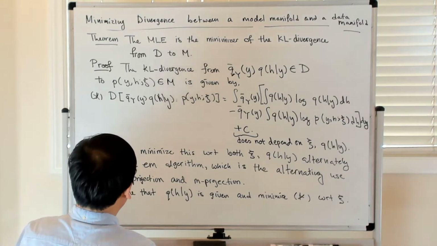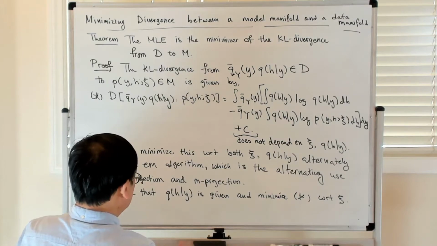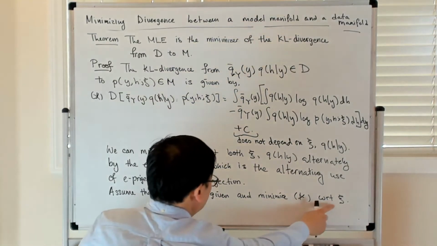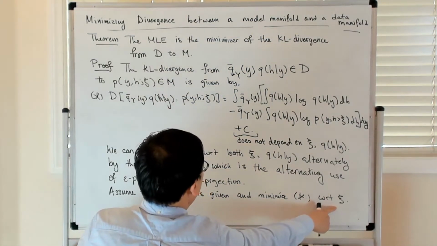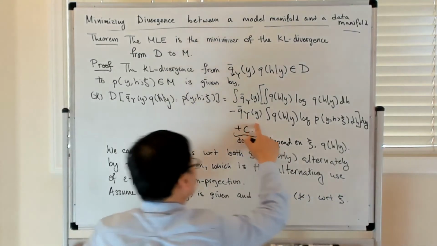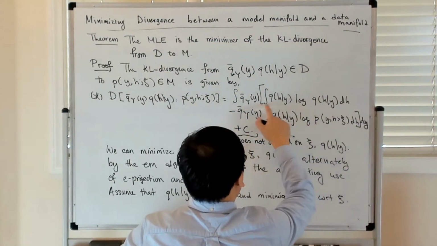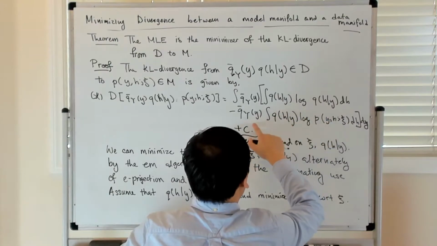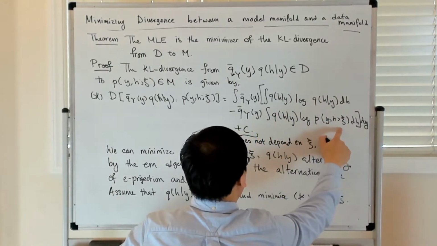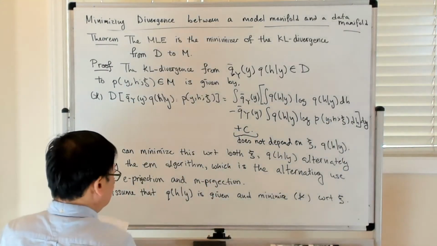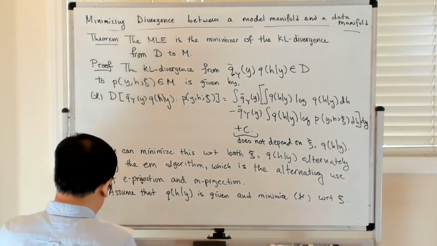Okay, so if this is fixed and then you want to minimize with respect to C, then you'll see that C only shows up in the second term, right? The first term doesn't have C anywhere. So you only have to minimize with respect to this term.